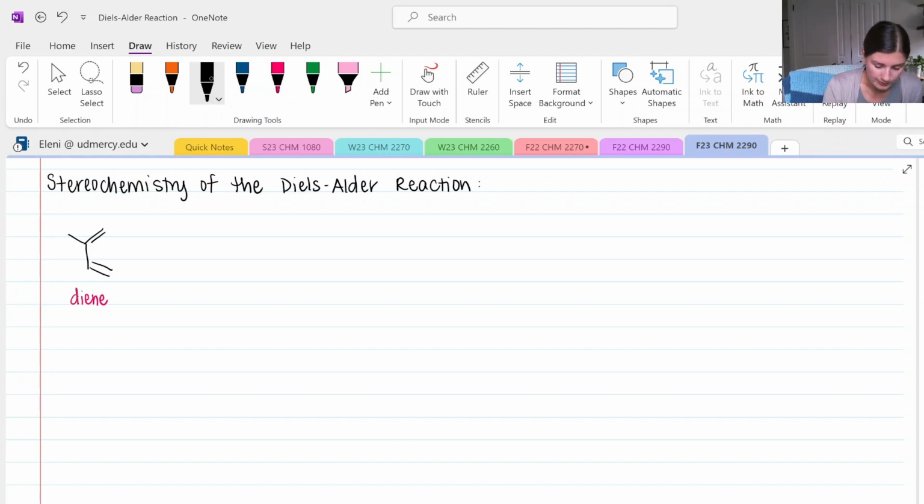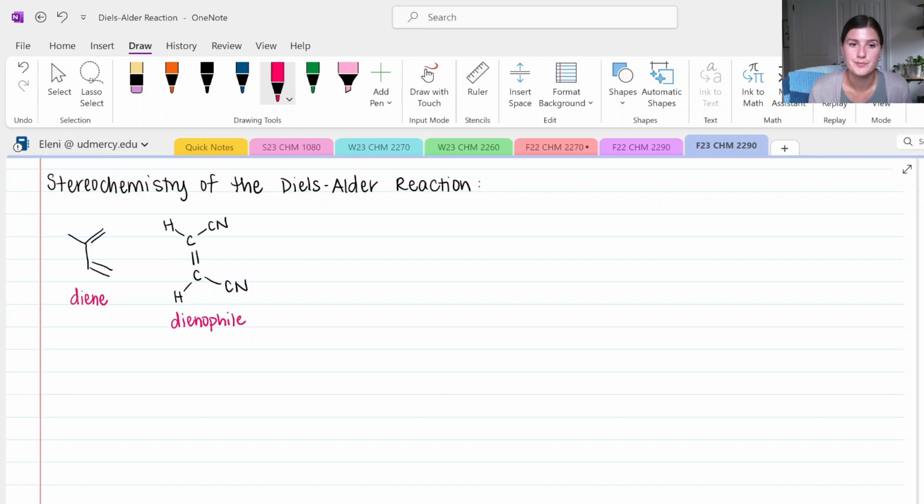And then our dienophile will have 2 nitrile groups, each one on a different carbon. The product that's formed when these 2 reactants react with each other is a 6-membered ring, which is what we expect.